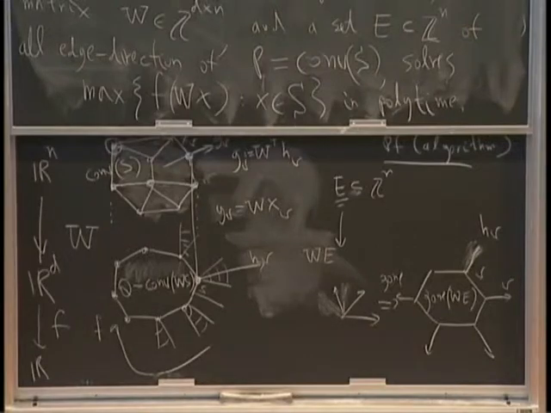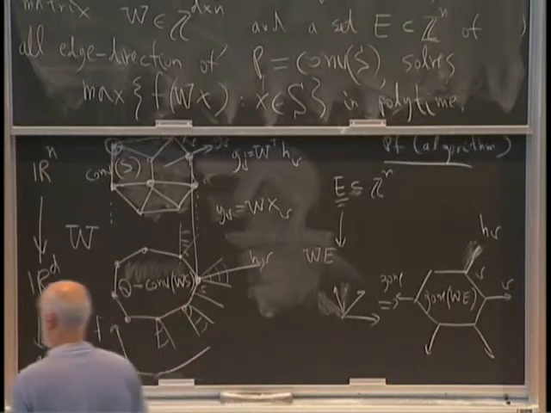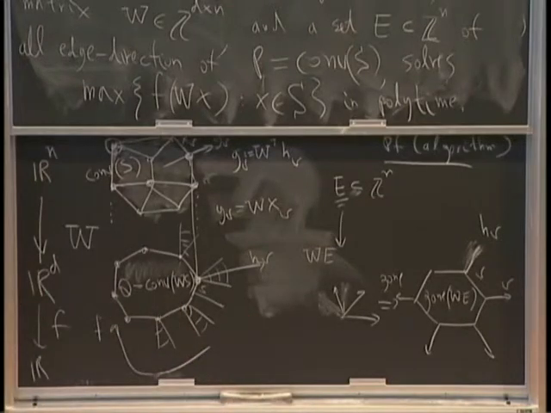And you see it's also a complex procedure because it involves m to the d vertices of the zonotope. So you have to solve m to the d linear optimization problems.